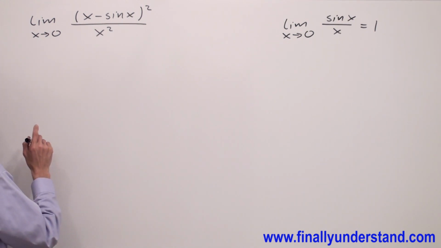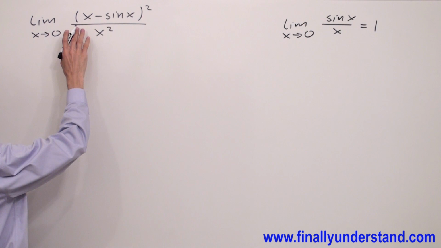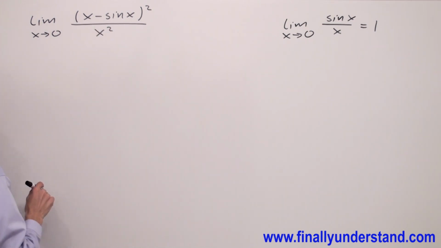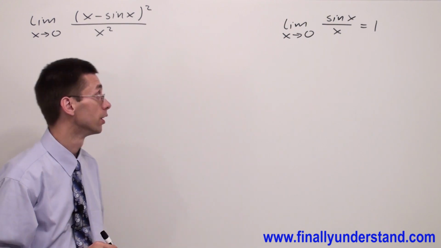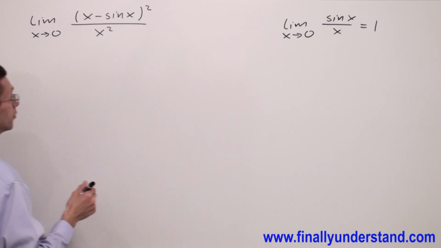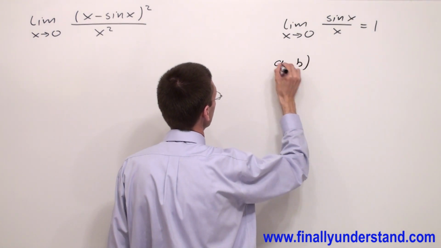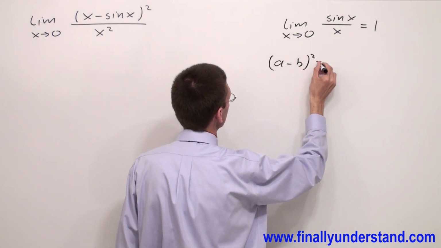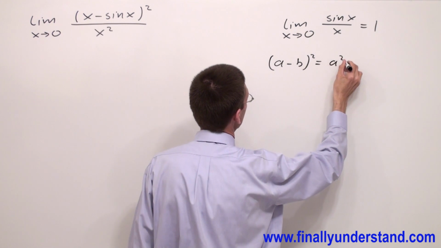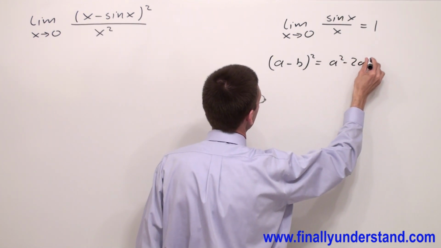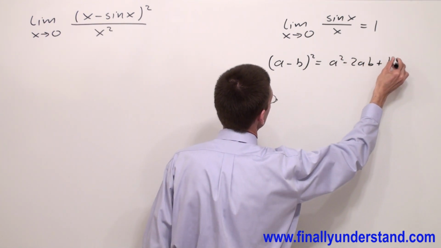So in the numerator you have the square of the difference. We are going to apply this rule. Remember this rule? We have a minus b to the second power is equal to a squared minus 2ab plus b squared.